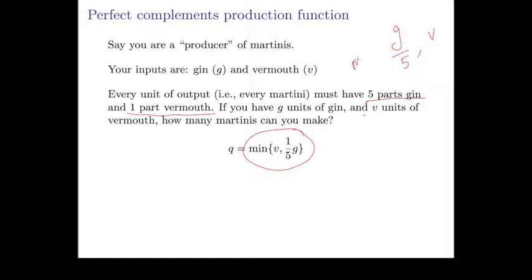Well, I look at the smaller of the two. Which one of these, G over 5 and V, is smaller? That's the number of martinis I could produce, which is what I've written here. It's the minimum of V and G over 5. And that's the total number of martinis that one would be able to produce if you had V units of vermouth and G units of gin.